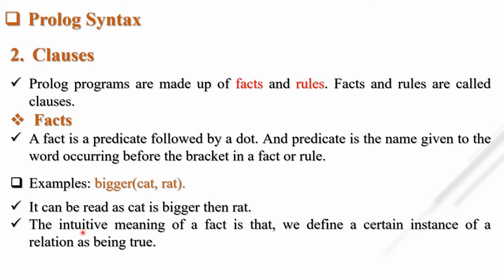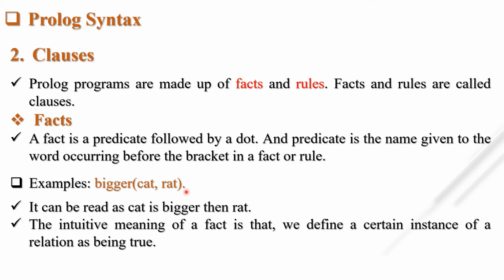The intuitive meaning of a fact is that we define a certain instance of a relation as being true. For example, I can write first Prime Minister of India in the bracket, Jawaharlal Nehru. That is a fact that we can mention in our database. A fact is a predicate followed by a dot.